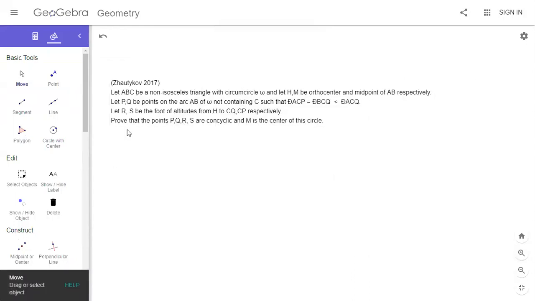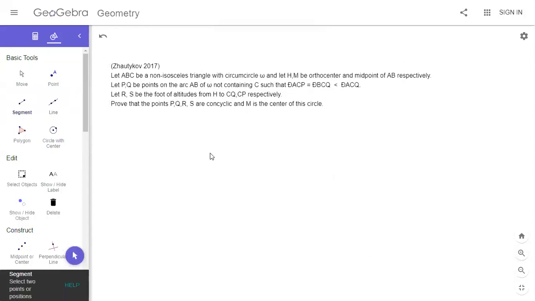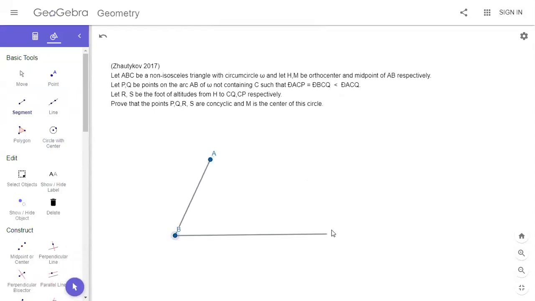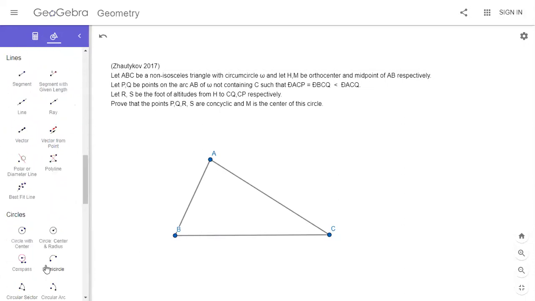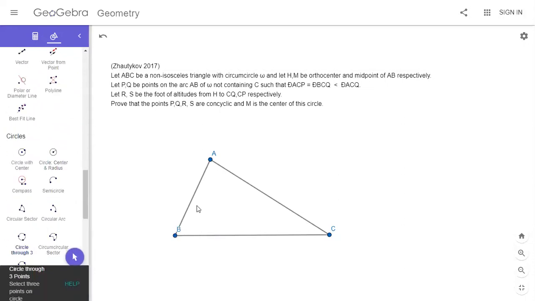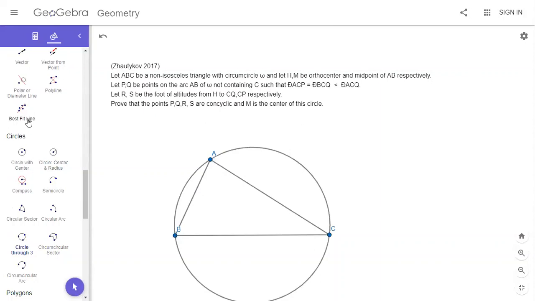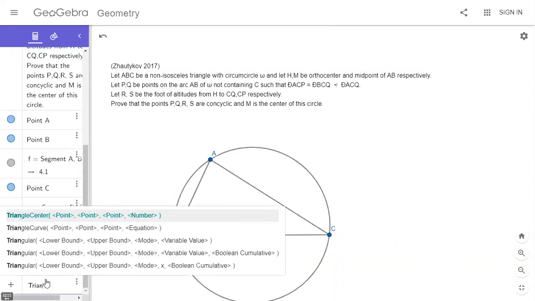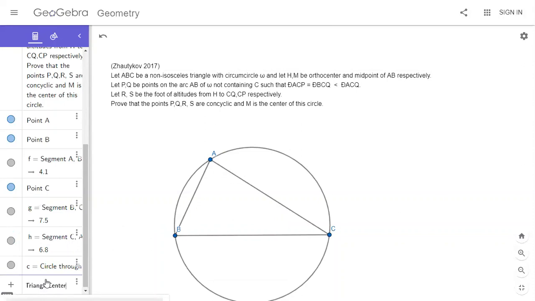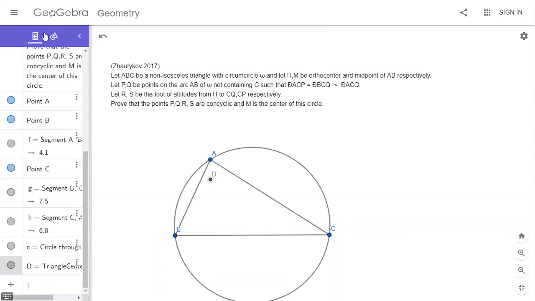So ABC is a scalene triangle. We draw the circumcircle, orthocenter, and midpoint. Okay, so all right, now I'm going to use my triangle center trick. So that's the orthocenter.